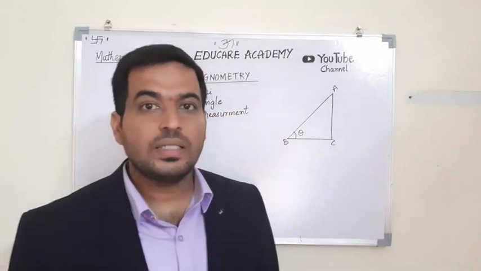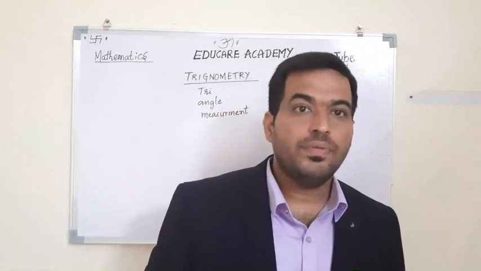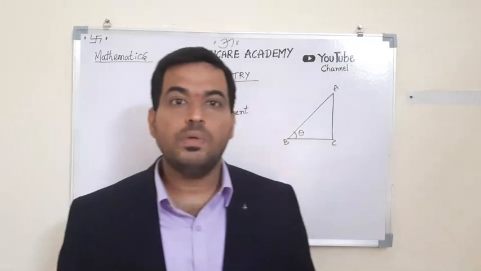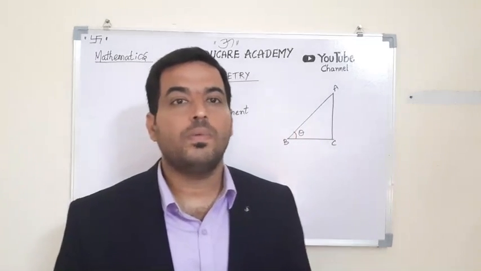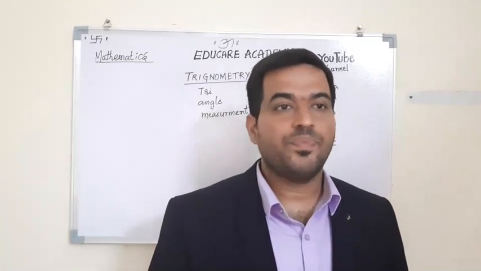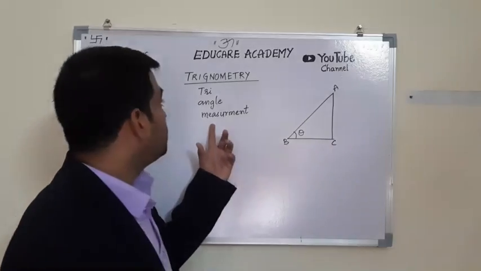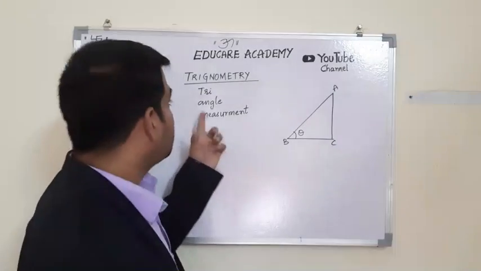So in this class I am going to tell you some basics of trigonometry, and if you remember those basics, you will be able to solve all the problems related to trigonometry very easily. So we begin with the meaning of trigonometry.